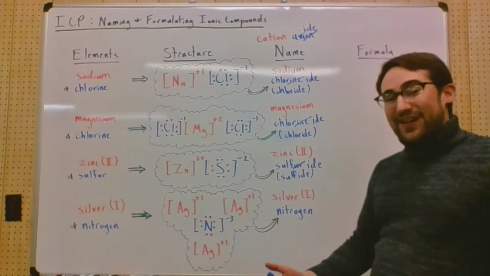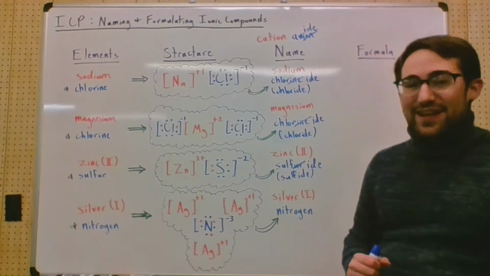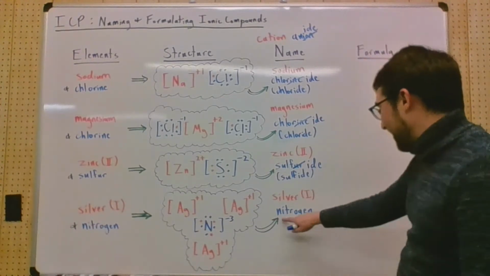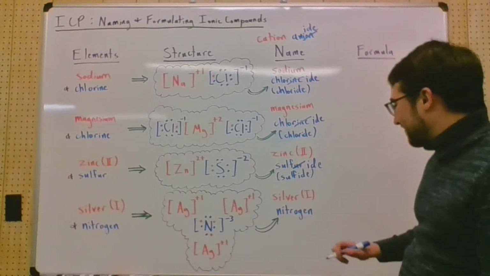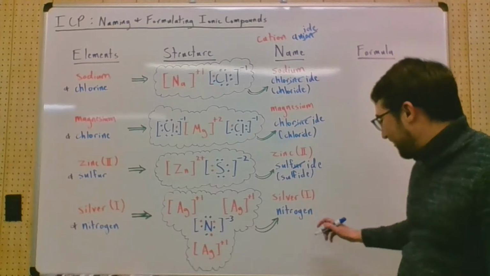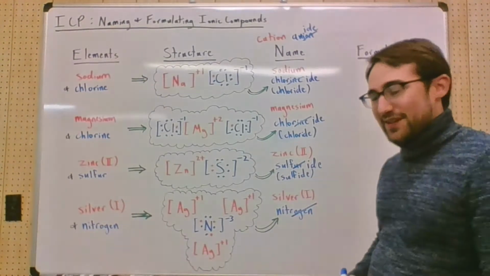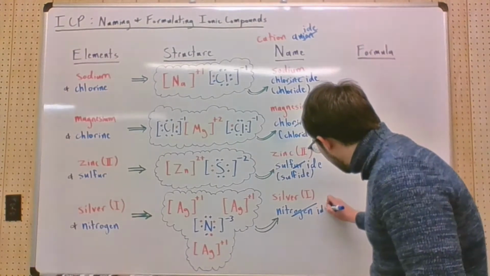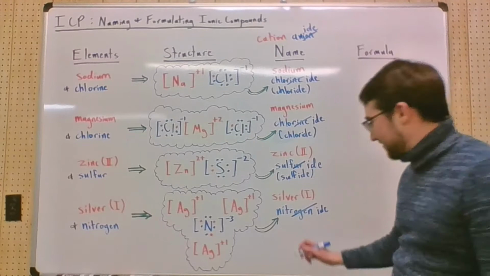Again, typically it's that first hard consonant noise. The nitr is where we're going to cut it off, not at the nitroj. So kind of earlier the better. So I'm going to chop this off at nitr and make the rest of it IDE. So this is going to be silver 1 nitride.